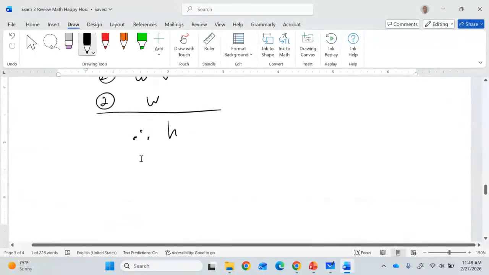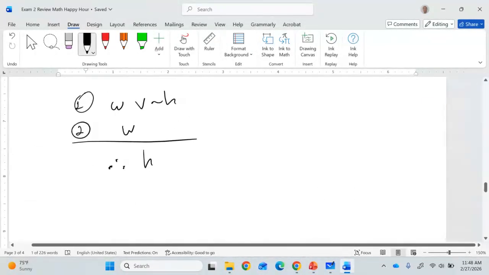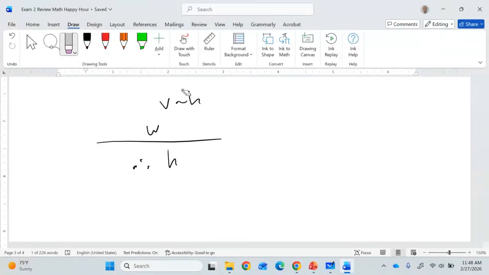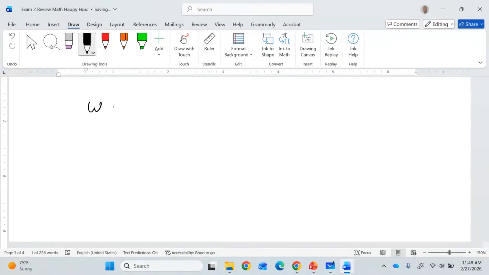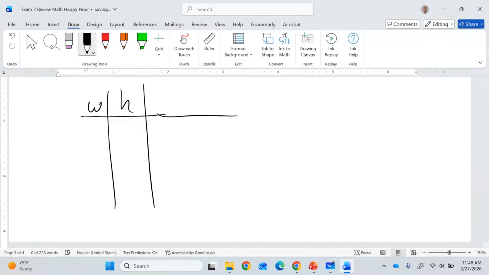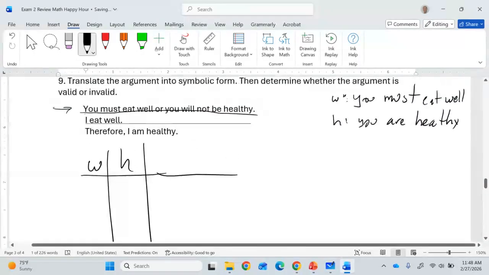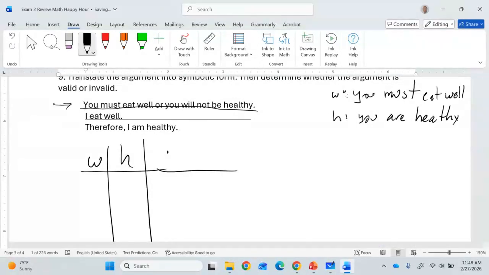So to do the truth table, let me erase this so that I have enough space. So again, I had two variables, W and H, and you're supposed to have a table for each one of your premises. So it was W or not H, that was premise 1.